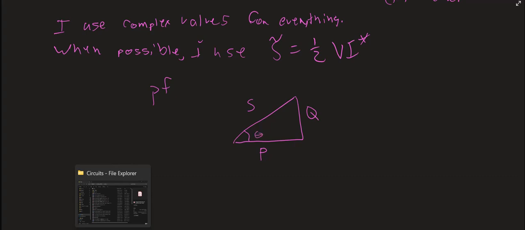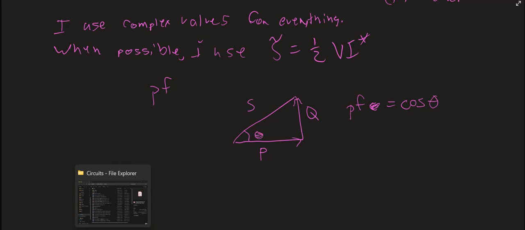The power factor is the cosine of theta, and the way I remember it is just with this triangle, because I know that the real part is the horizontal part, the reactive part is the vertical part, and the cosine of this angle is the power factor.